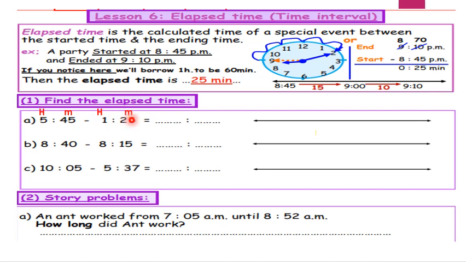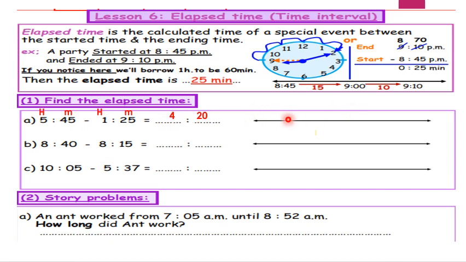Start subtracting from the minutes. 45 minus 25 is what? 5 minus 5 is 0, 4 minus 2 is 2, so we have 20 minutes, and 5 minus 1 equals 4, so 4 and 20. So the elapsed time will be 4 hours and 20 minutes.